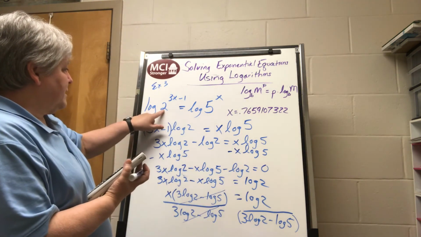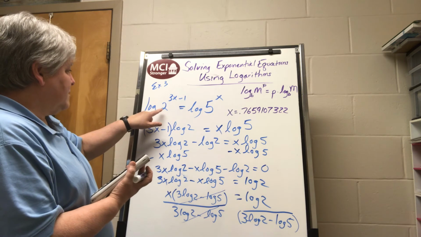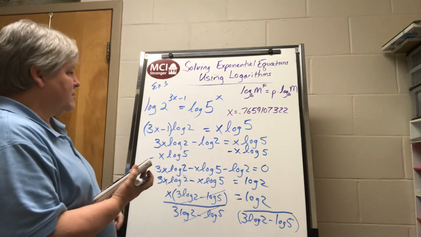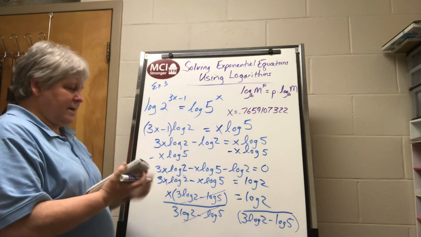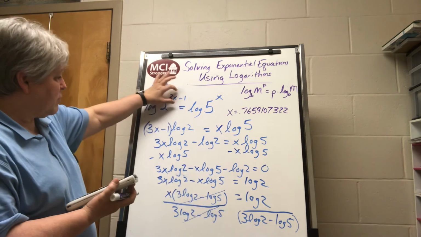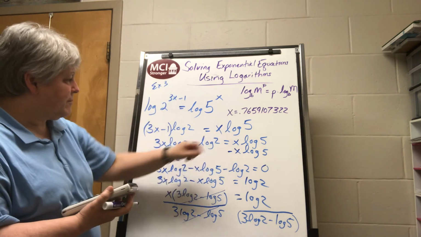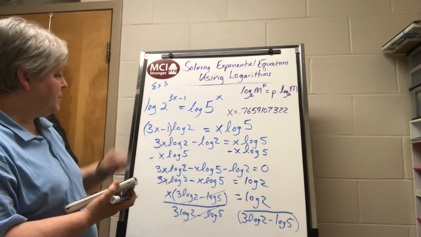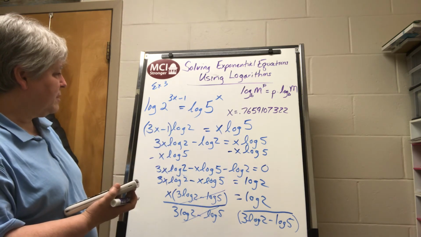So with that very complicated first equation, which we had 2 to the 3x minus 1 equals 5 to the x, we took the log of both sides. Using that property of logs, we brought the powers down front. We then distributed the log 2 to both terms.